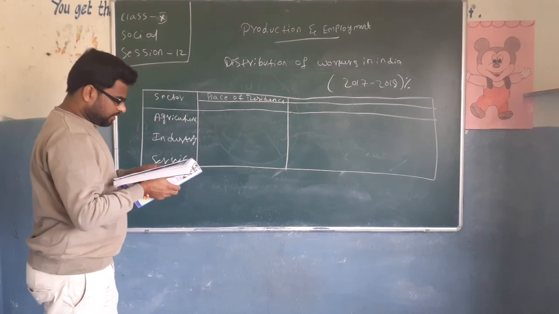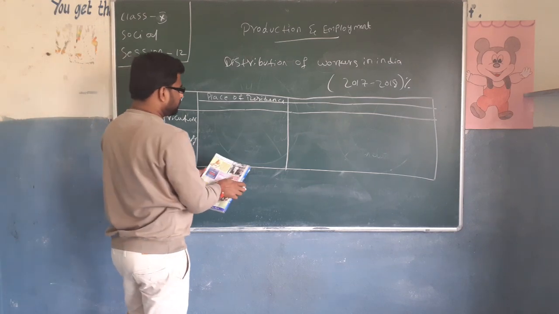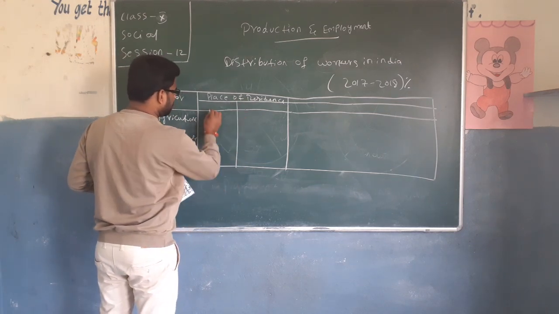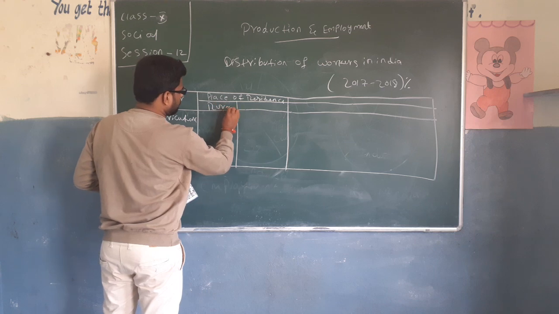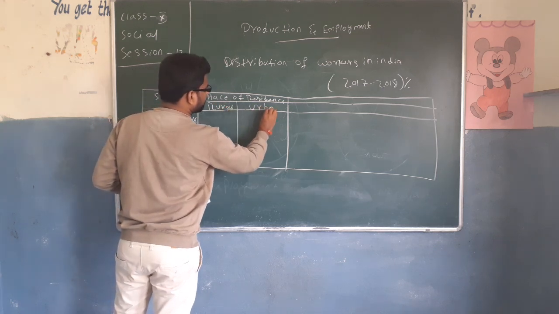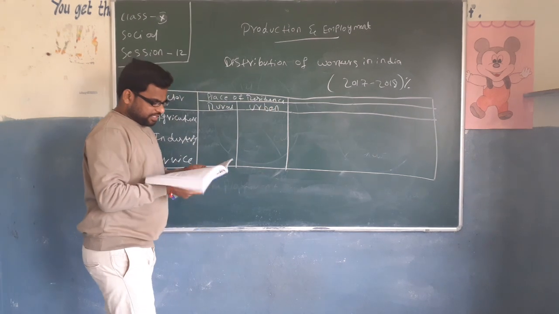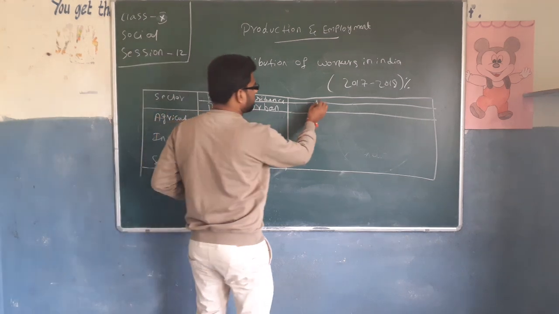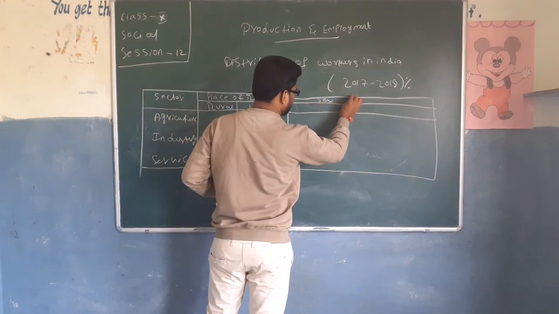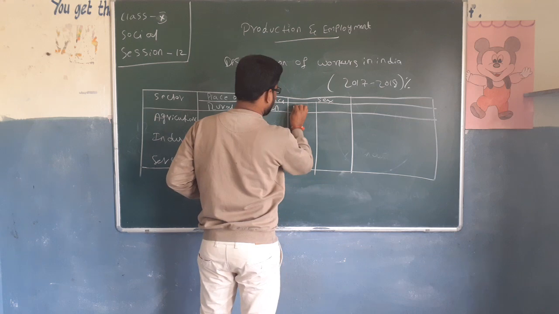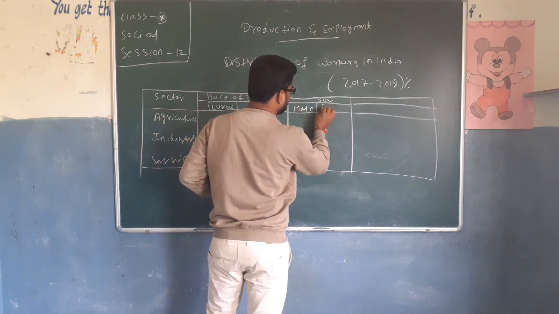What is that? If you see, in this, rural and urban. Rural is nothing but villages, urban is nothing but cities. And gender: male and female.